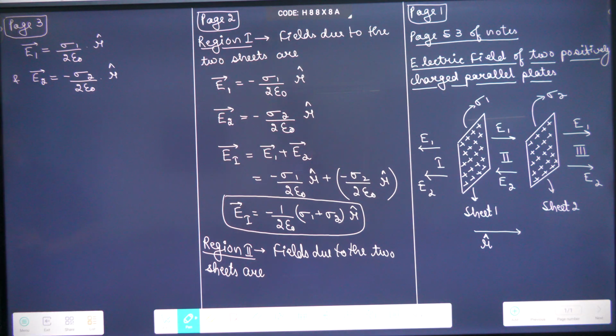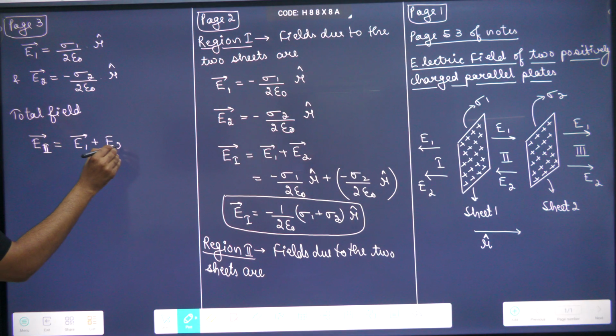And total field E second vector is equal to E1 vector plus E2 vector. What is E1 vector?